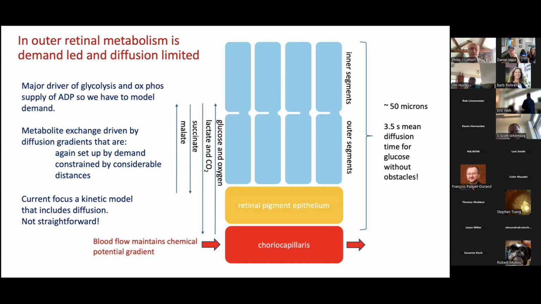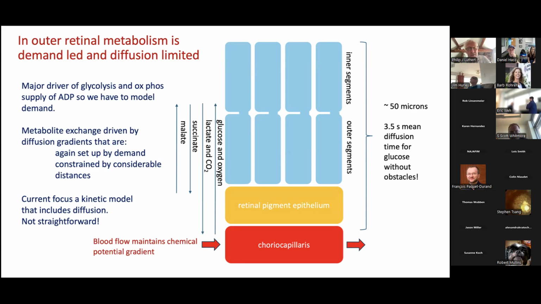And so by demand-led, the major driver of glycolysis and oxidative phosphorylation is the supply of ADP. And so getting the supply of ADP right means we need to understand what the tissue is doing that is generating ADP. And so in particular, what are all the ATPases up to?